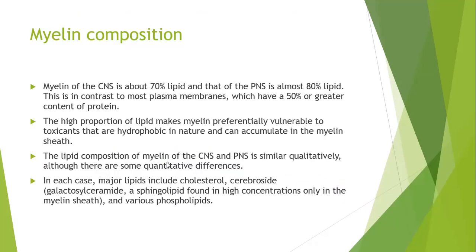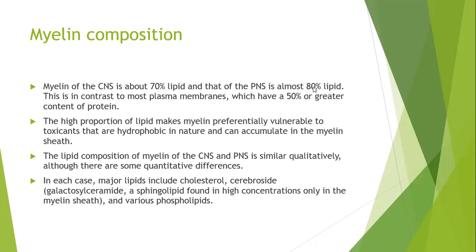Now, the composition I have just mentioned differs whether you're in the peripheral nervous system or in the CNS. They will not have the same amount of lipids. In addition, if we take the types of lipids, remember lipids are glycerol plus the fatty acid chains.